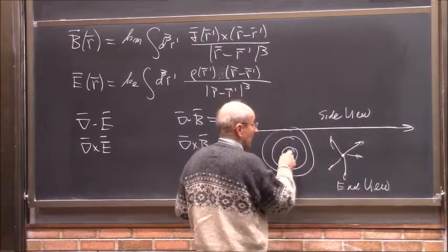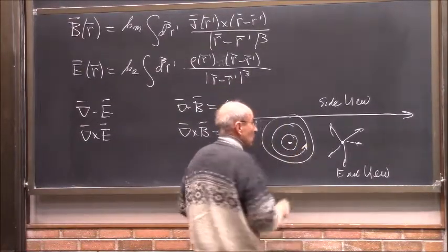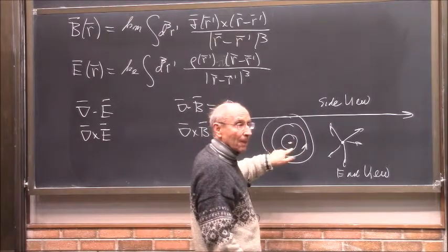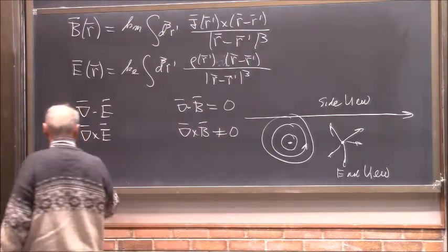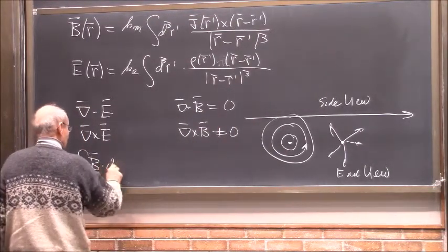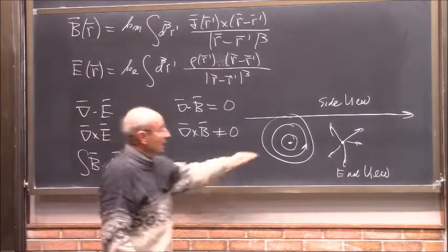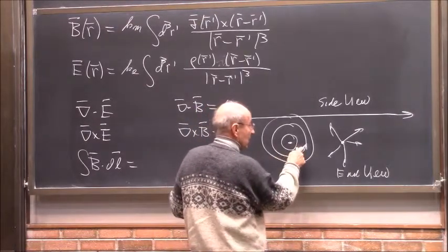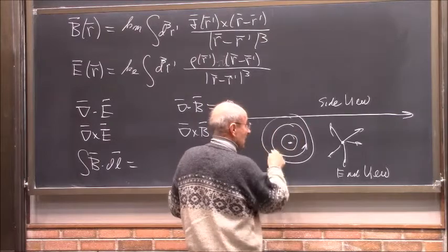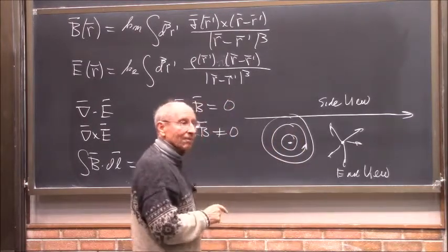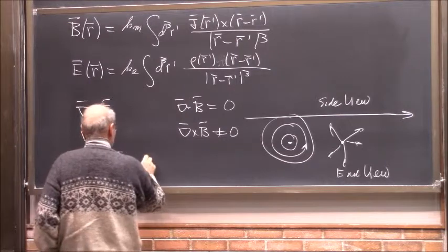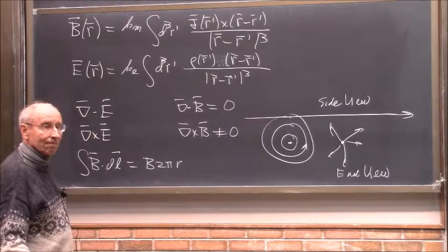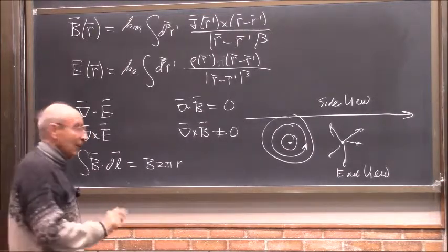Now, that being the case, B will be a constant everywhere around one of these loops. And so, if we were to calculate the line integral of B dot dl around this loop, we would get B at this position times the distance around, which is 2 pi r. So this should come out to be B times 2 pi r. Okay?